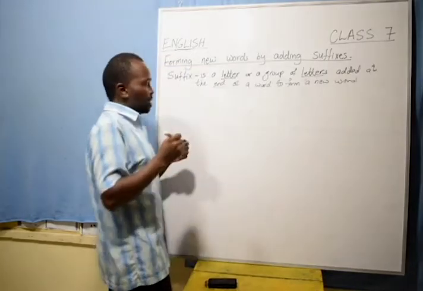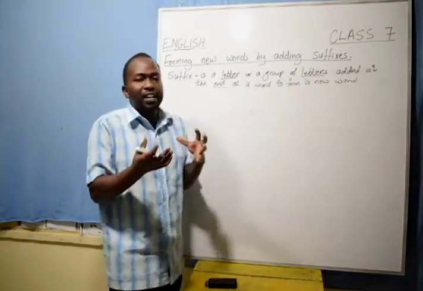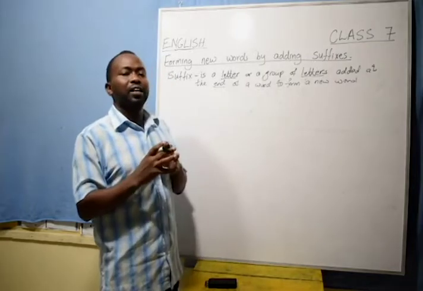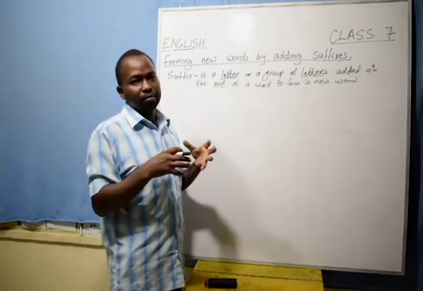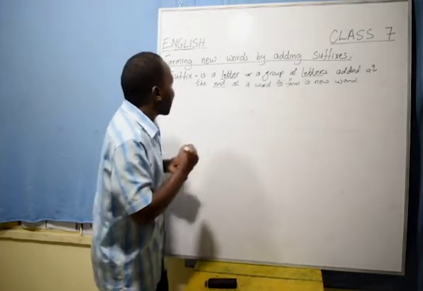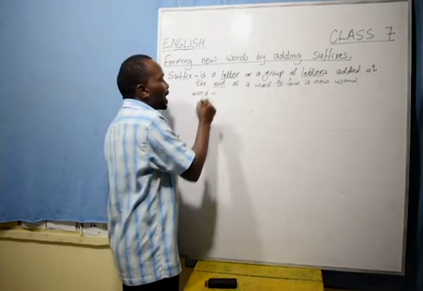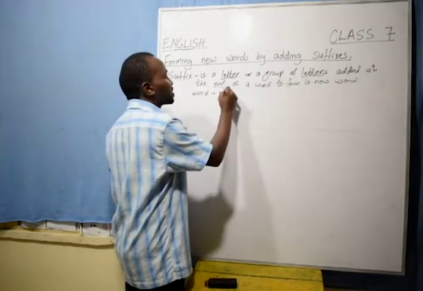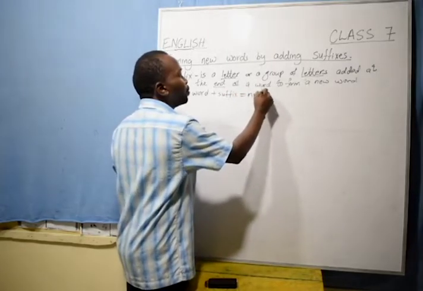So you add a letter, either one letter or a number of letters, maybe 2 or 3, at the end of another word to form a new word. Therefore, it will be the word that you have plus a suffix equals a new word.